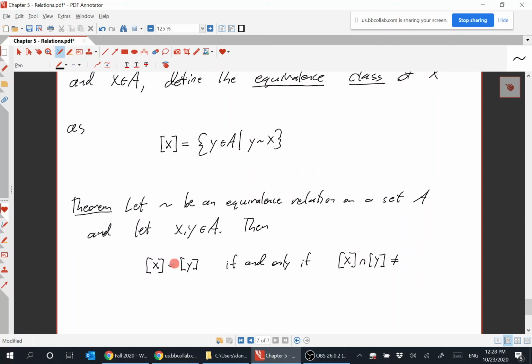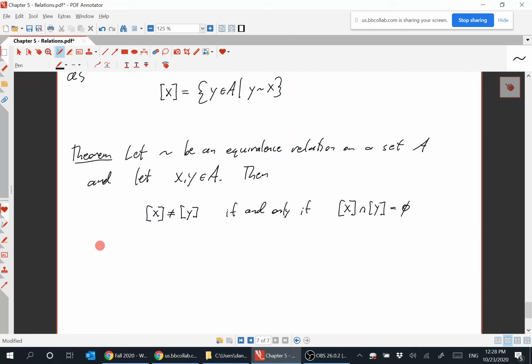Well, let's say it this way. The equivalence class of X is not the same as the equivalence class of Y if and only if they're disjoint. Which is equivalent to, we'll say it both ways, the equivalence class of X is equal to the equivalence class of Y if and only if they're not disjoint.